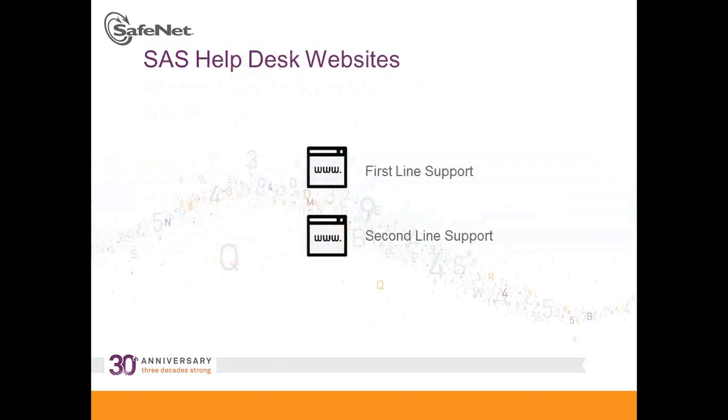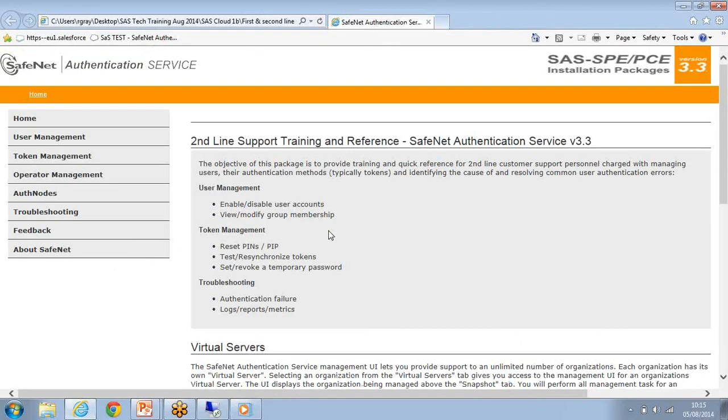Now inside the SAS package, we do have some additional help desk websites that I like to point out to customers. So just so you can see an example of what these look like, they are pre-built and ready to go. If I click, for example, on the second line, we can see here it's a website all ready to go.